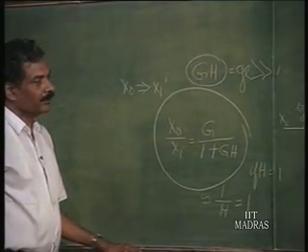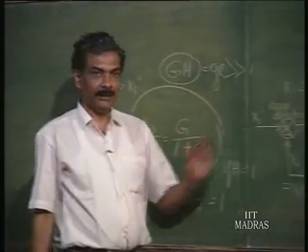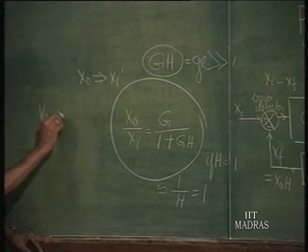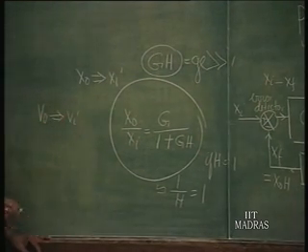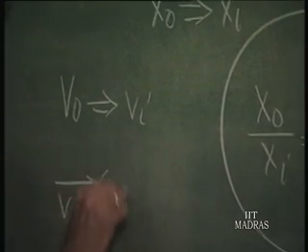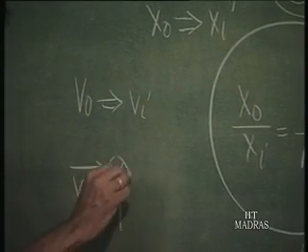If Xi is voltage, you can say Vo is going to follow Vi. Vi is going to an error amplifier, which is nothing but a differential amplifier, plus minus.